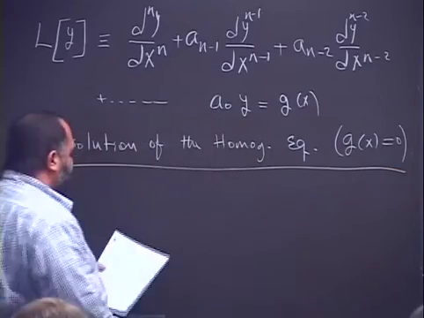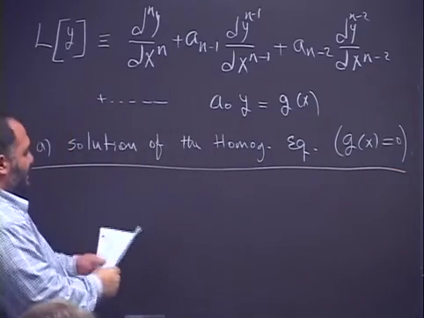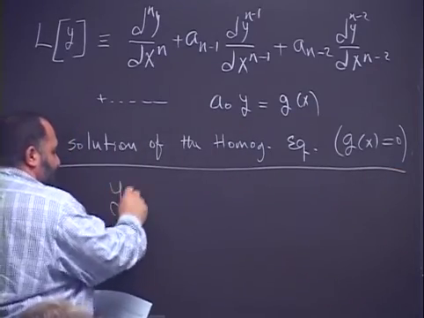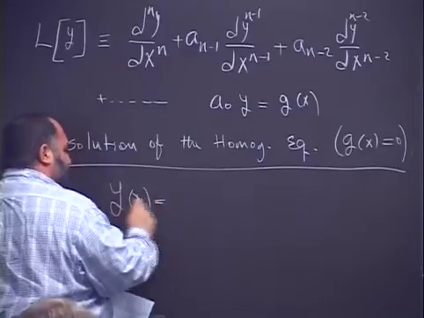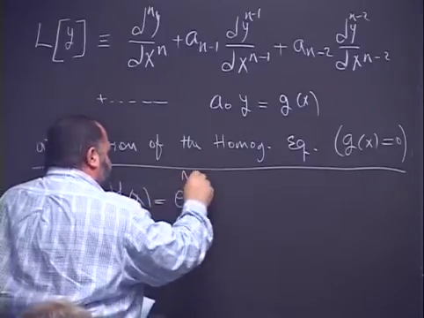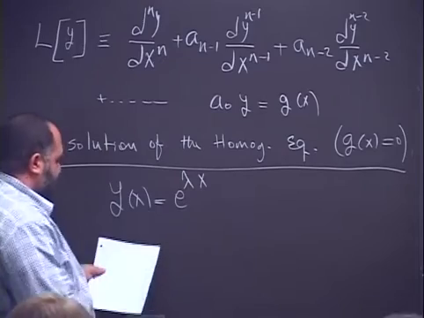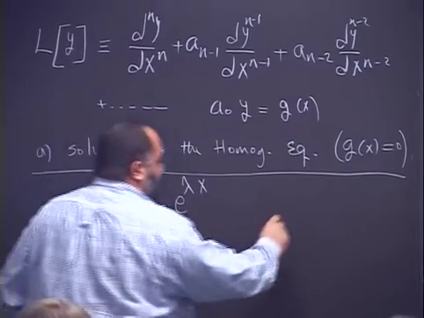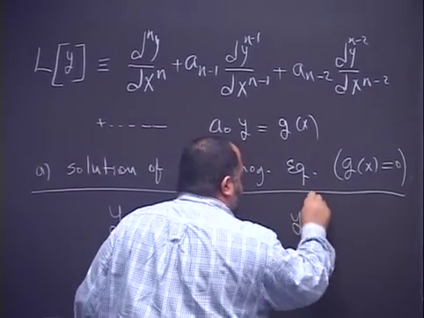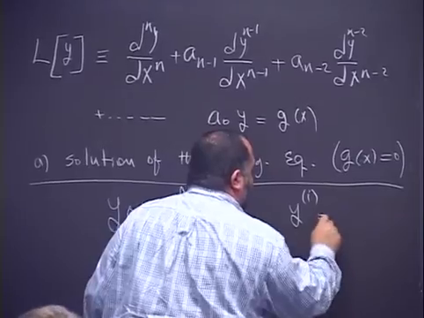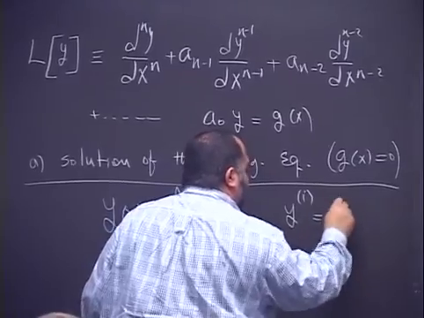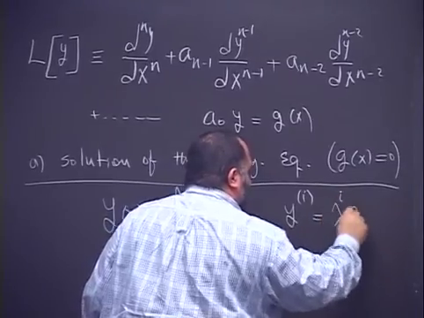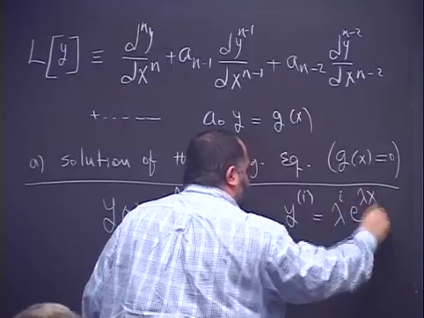Again, we will assume that the solution is in the form y of x equal to e to the power of lambda x, and of course you know that the ith derivative of y will be just lambda to the power i times e to the power of lambda x.